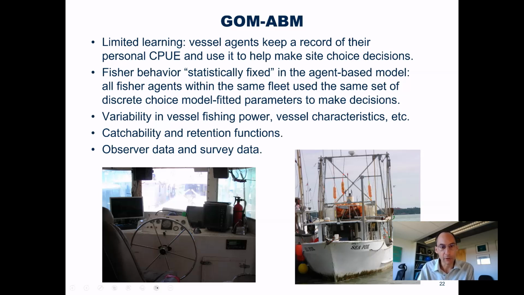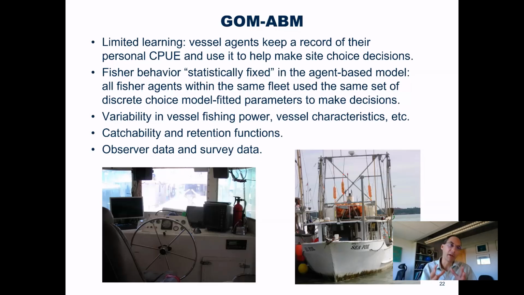There's quite a bit of variability in assigned vessel fishing power and vessel characteristics, all of which were calculated from actual data and then put in the model so that the simulated fleet best represents the fleet in reality. Catchability and retention functions are used, and then the observer data is used to understand on one given day how many times a vessel will move from one spot to another locally.